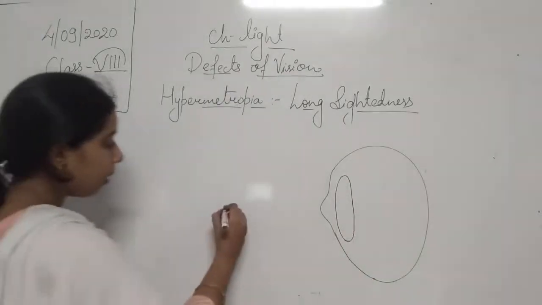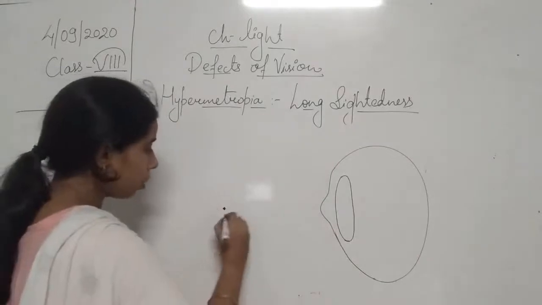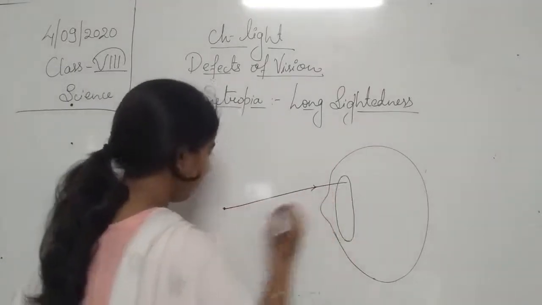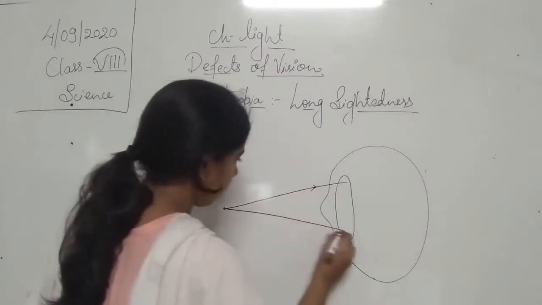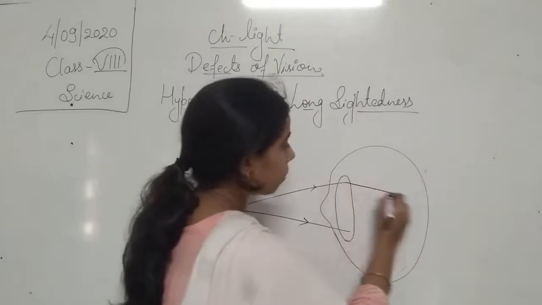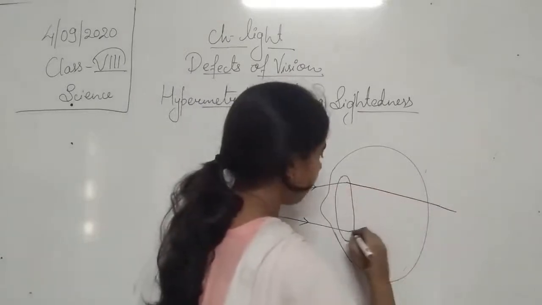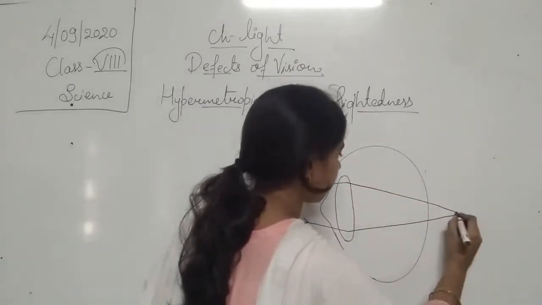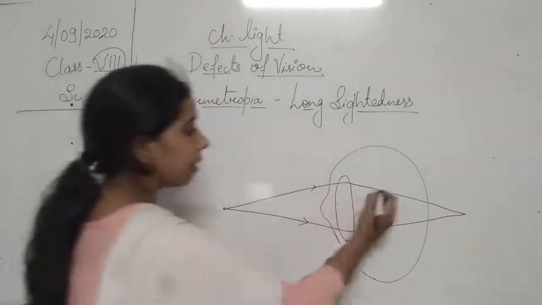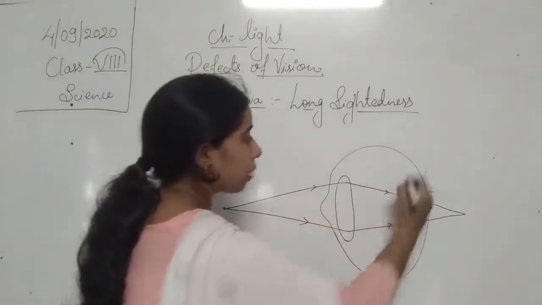Now when the light rays from a certain object enter the lens, what will happen? There is a formation of the image, and this formation will occur behind the retina. You can see here, student, this is the light ray which enters.